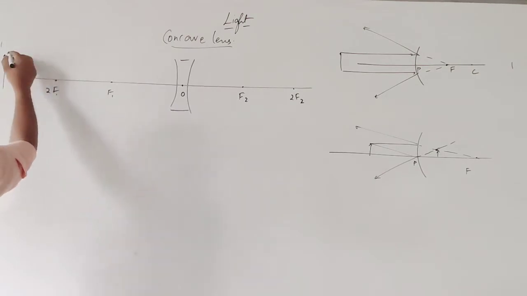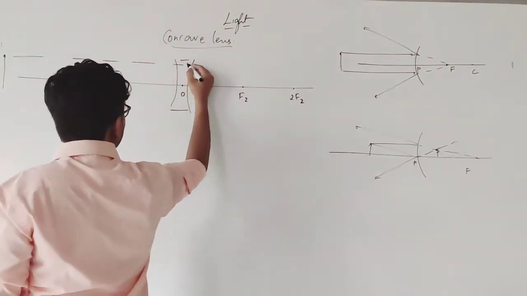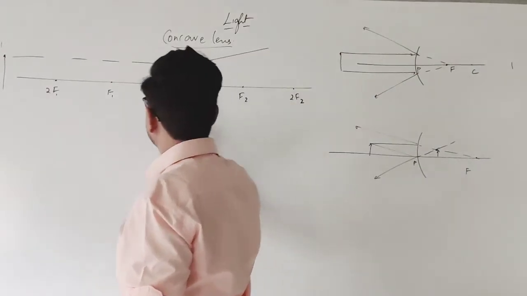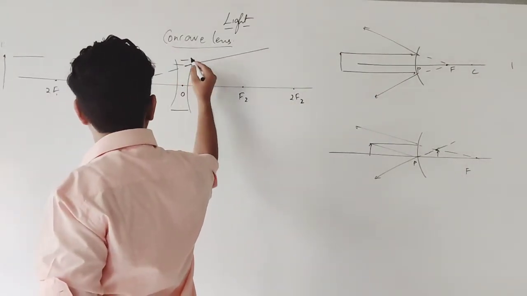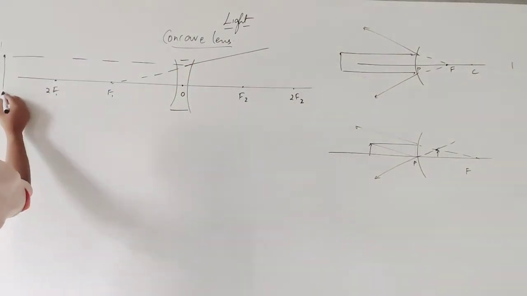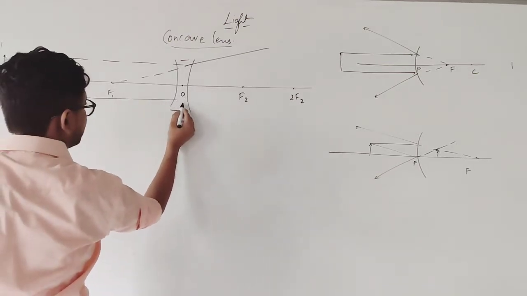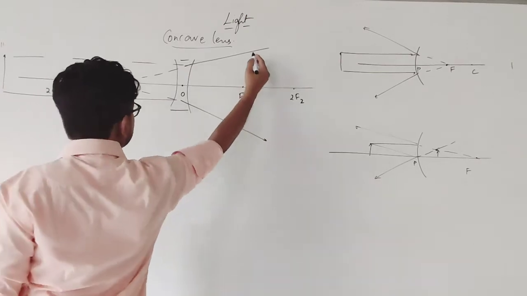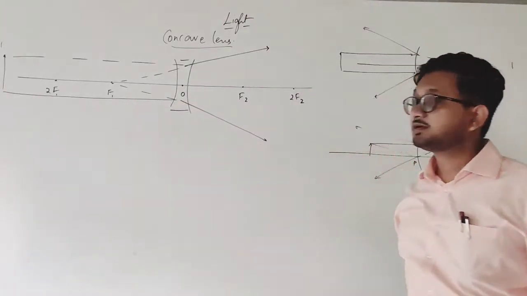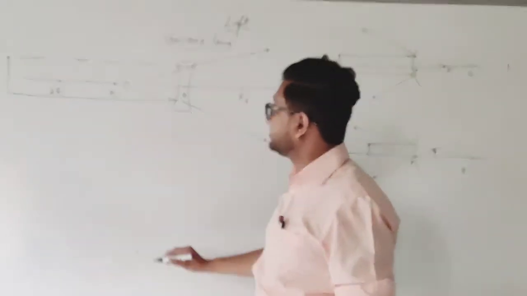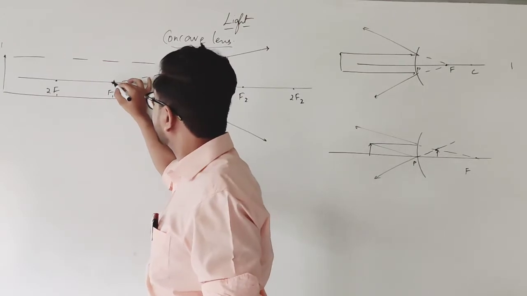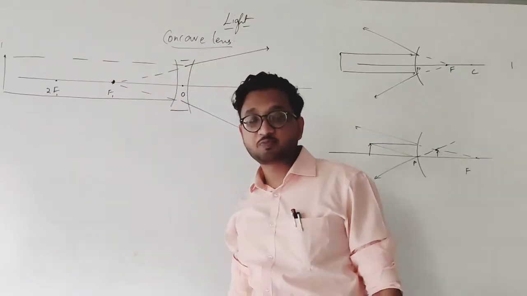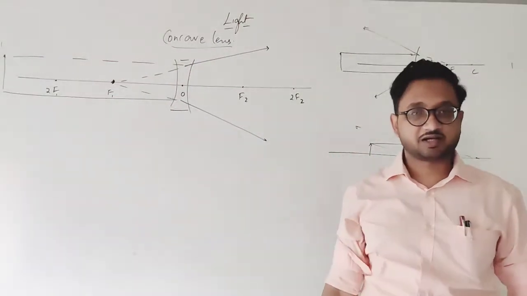then the rays of light will be passing and then diverging like this. Similarly, the other ray of light parallel and then diverging like this. And once again the image will be at focus, highly diminished, point size, virtual and erect.